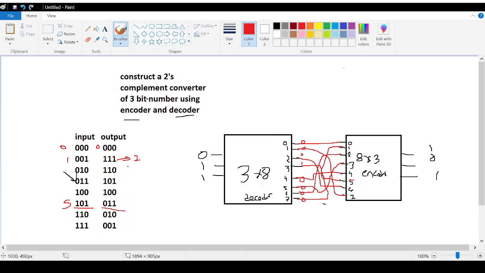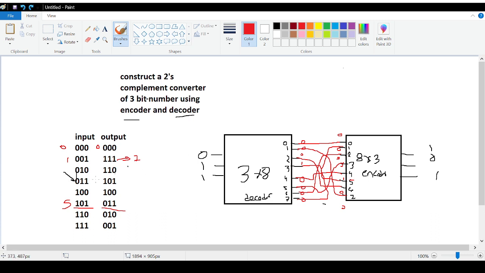Now let's see, if I pass 0, 1, 1, then 1 passes through 3 and 3 is connected with 5, so 1 will pass through 5. And since the rest of the outputs are 0 in the decoder, the rest of the inputs will be 0. Remember, in a normal encoder, you should have 1 passing through only one input. The rest of the inputs should be 0. So 1 passes through 5, and as a result, the output will be the combination of 5, which is 1, 0, 1.